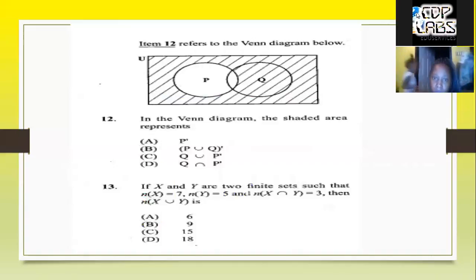You follow? Get familiar with the diagram. What do you understand from the diagram? It's a universal set. Look at the diagram well and try to interpret it. Come on, use your brain.